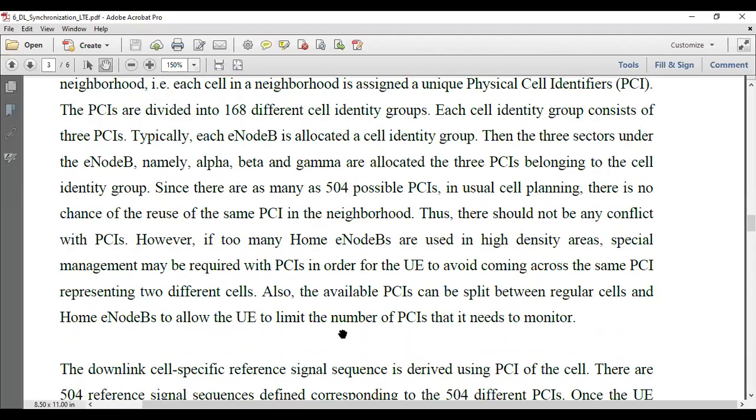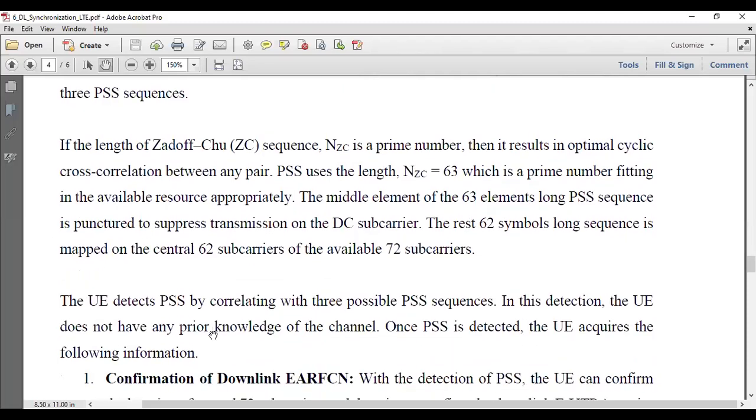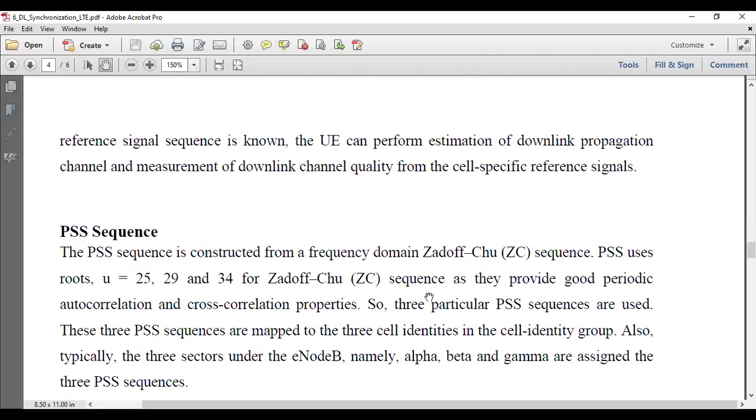So Zadoff-Chu PSS generation can use three different roots with orthogonal sequence generation. I didn't write down the equation here for the ZC sequence generation, but I will share the scanned pages from my book, and you'll see it there.